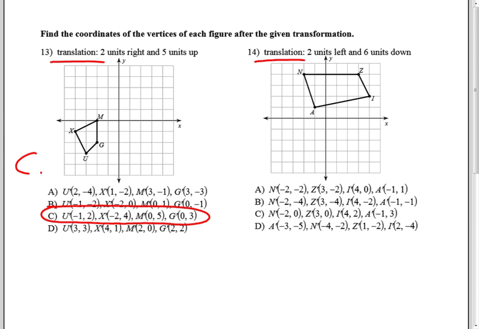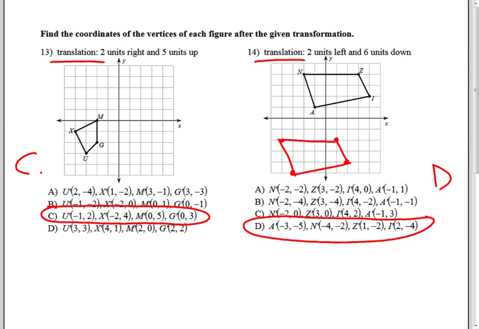Which one do we want for 14? D. Choice D. For D, -3, -5, -4, -2, 1, -2, and 2, -4. What did I do here? There we go. Can you see that D is a slide?